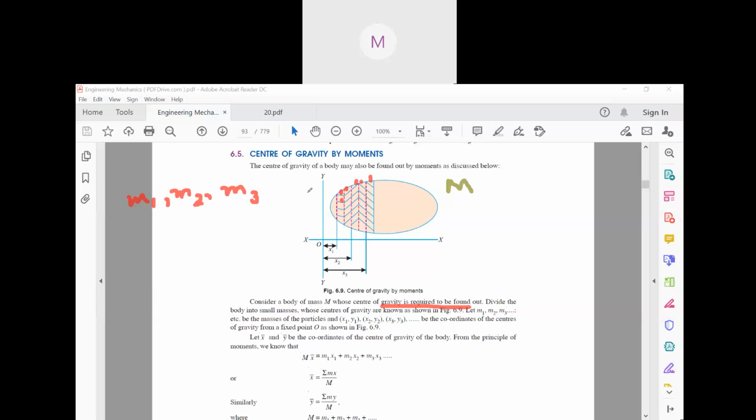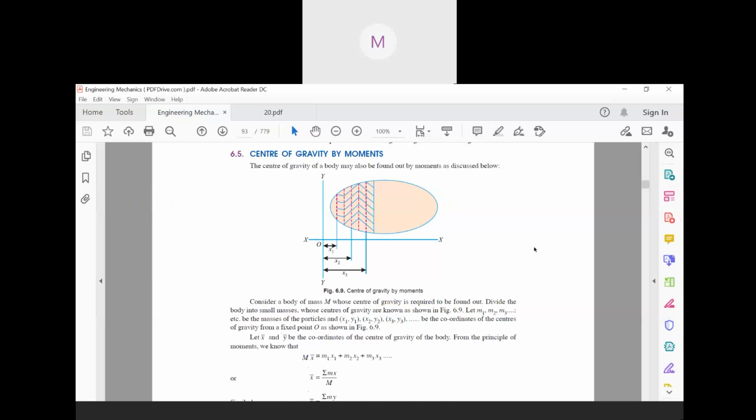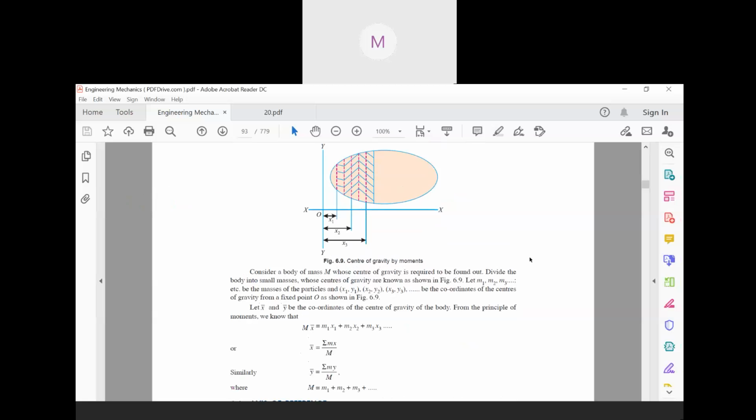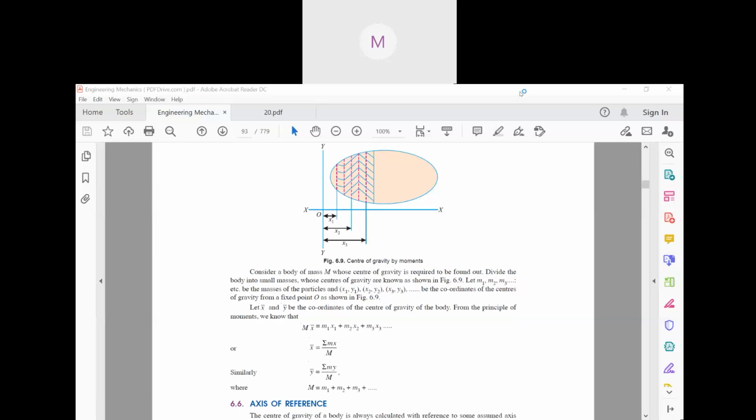If we combine all this mass and we find out the coordinates, then you can find out the center of gravity. So how will you find out the coordinates of the center of gravity? The most important thing here is to find out the coordinates of center of gravity.